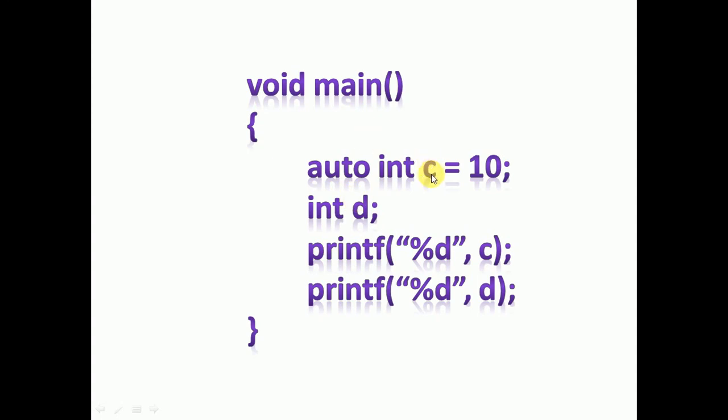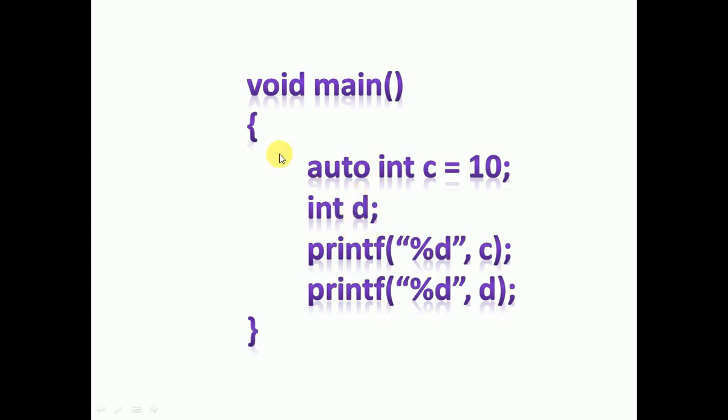Now you can notice I have given the initial value to c, so c holds the value 10. But you can notice that I have not given any initial value to d. So what will be the default initial value of d? The default initial value of d will be a garbage value, because it is an automatic variable, and an automatic variable by default has a garbage initial value.